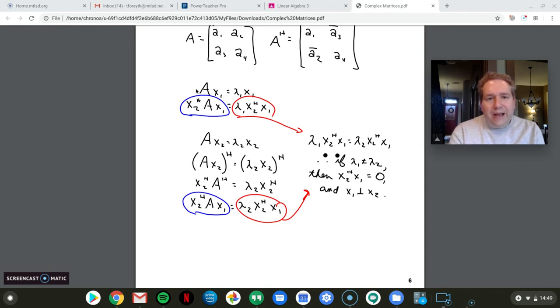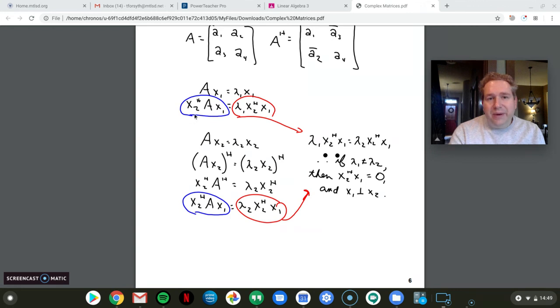So we have the eigenvalue problem here, Ax1 equals lambda x1, multiplying both sides of it by x sub 2 Hermitian. And then down here I have the second eigenvector, Ax2. X sub 2 is the second eigenvector. And I am taking the conjugate transpose of both sides of that equation, and I get an equivalency here.